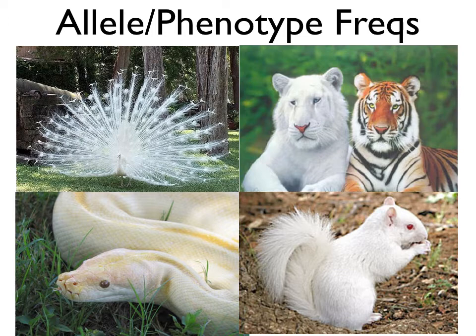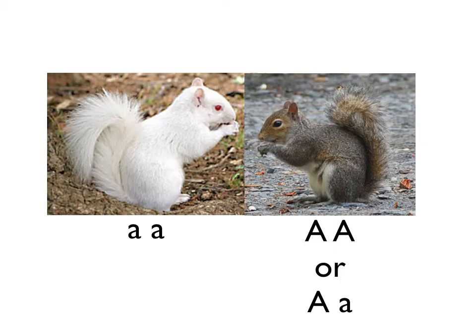In almost all cases, this lack of pigment is a recessive mutation. And so these individuals that are white must be homozygous recessive, and the individuals that have normal coloration are going to be homozygous dominant or heterozygous.